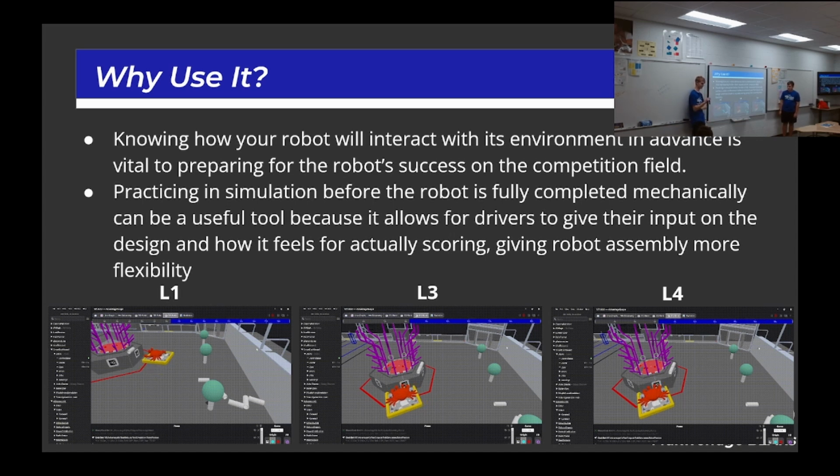And if they like something that the robot's doing, like how it's scoring algae very quickly and effectively, and it's not bouncing out or anything like that, then they can say, ooh, that's a really good design choice that we've made, and we can keep it like that for the robot. But if something's not working, they can always have time to adjust it before the robot becomes mechanically complete and it becomes a whole other issue to rework your whole robot. So yeah.